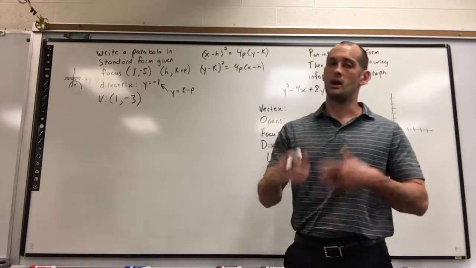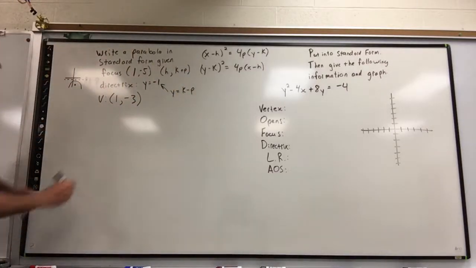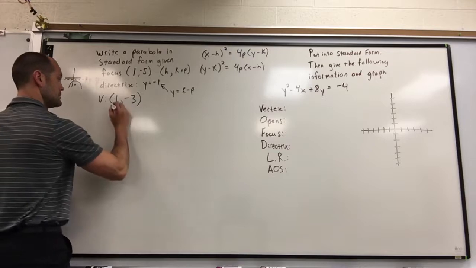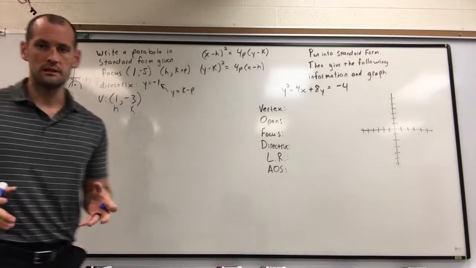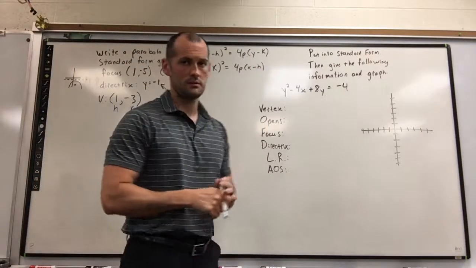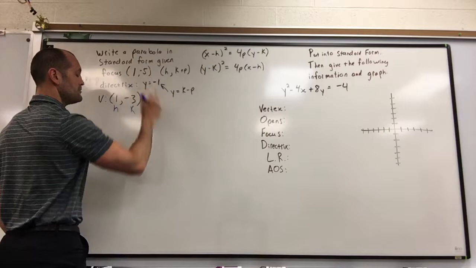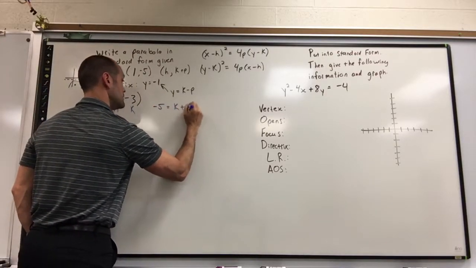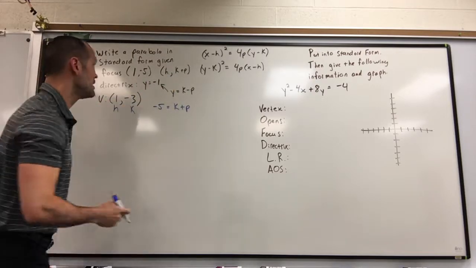Okay, now a couple things we need to get from this. I know now my h and my k. Well, what's my 4p? All right, what's my 4p? Well, keep in mind, I just said something. To get my -5, -5 was k plus p. Right? That's what we asserted at the beginning from the focus.